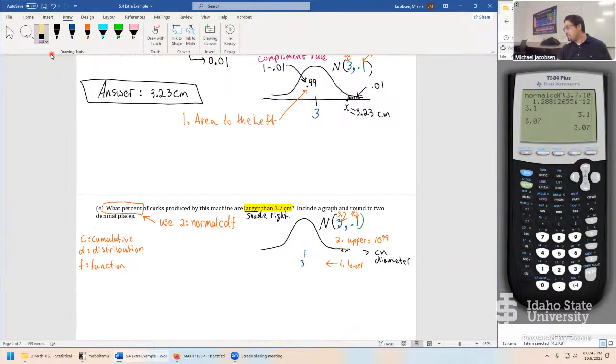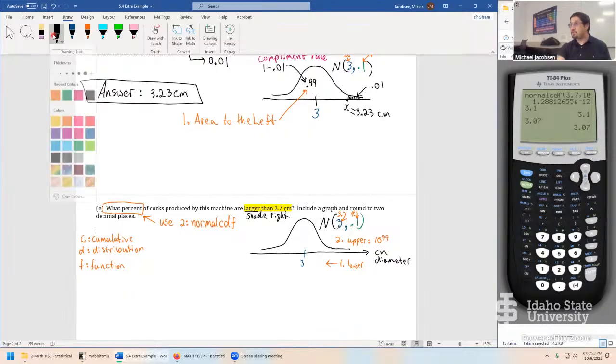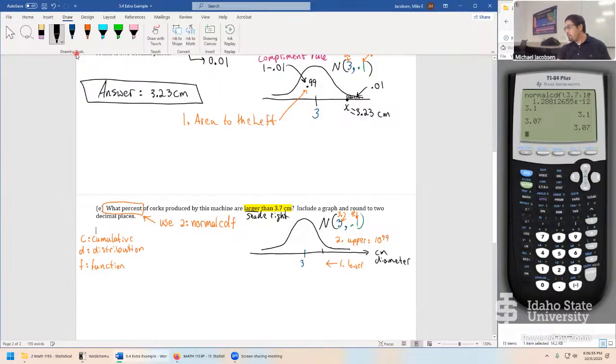So if we're thinking in terms of the 68, 95, 99.7 rule, again, the main idea with that rule was it's supposed to help us get the picture just right. And then that rule, this would have been a 3.1 because we're adding 0.1 to the 3. 3.2 is over here, but we're going clear over to 3.7. In fact, there's a problem just like this on the homework, so this is a good one to study even closer.